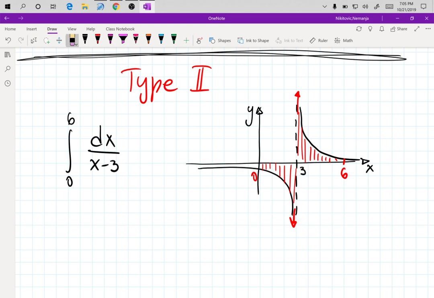Yes, that's 3 from the left. Welcome to Calc 1 one-sided limits. So b approaches 3 from the left of dx over x minus 3. And then we're going to have a plus. And then there is a limit as a approaches 3 plus, because we are approaching from the right, of the integral from a to 6 of dx over x minus 3.